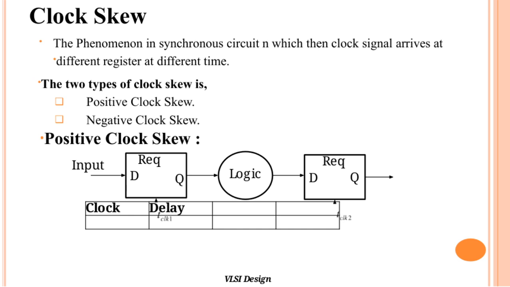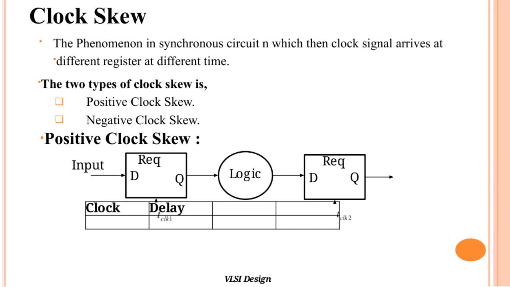Essentially, this delay can sometimes be beneficial because it can give extra time for data to propagate, reducing timing violations in certain cases. Negative clock skew, on the other hand, happens when the clock arrives earlier at the receiving register, which can tighten timing margins and potentially cause errors.